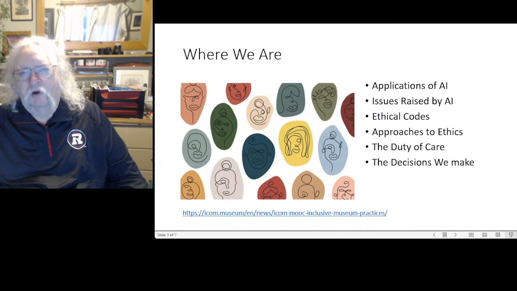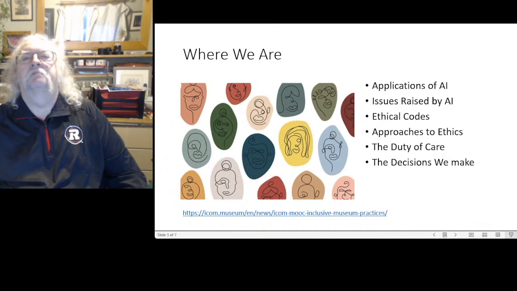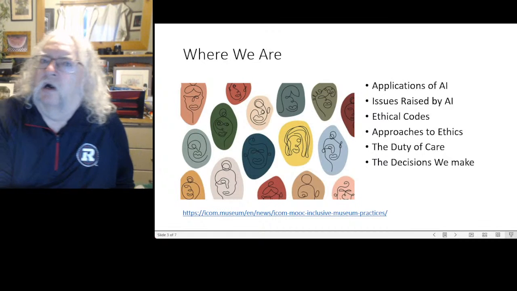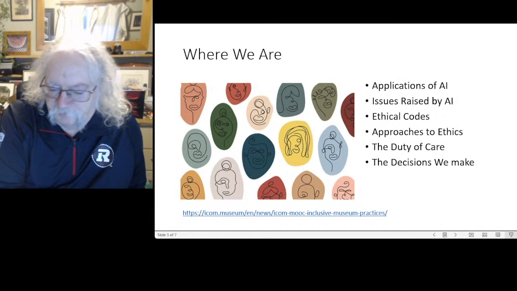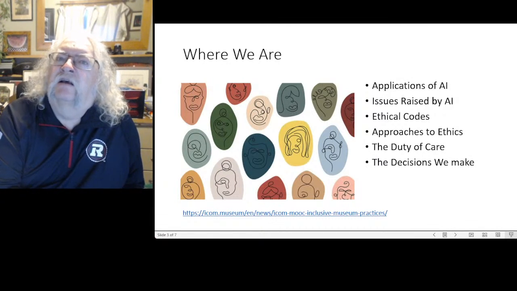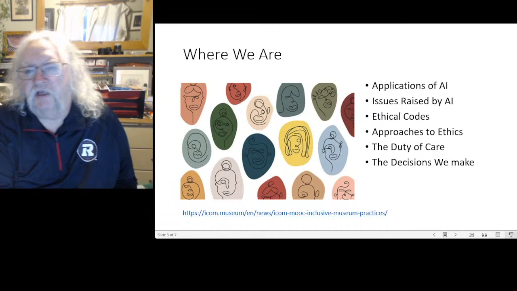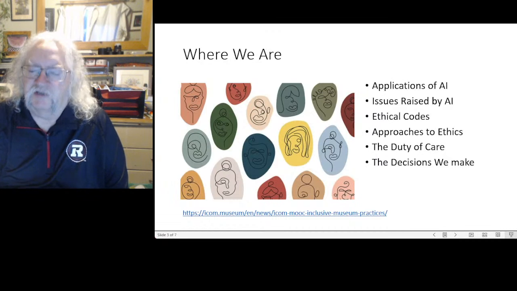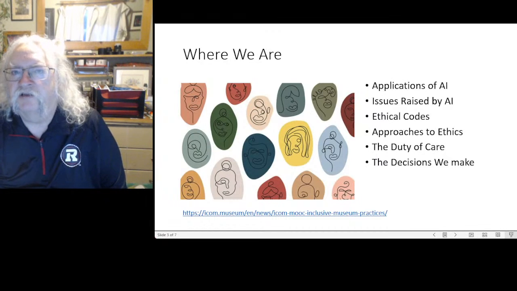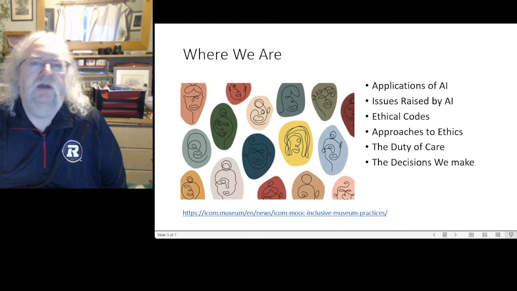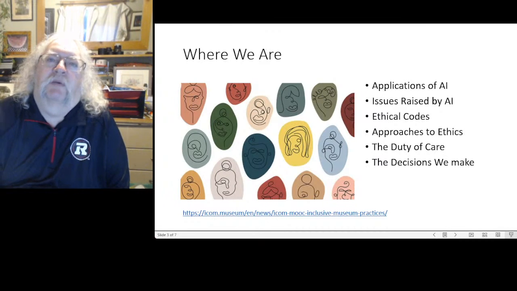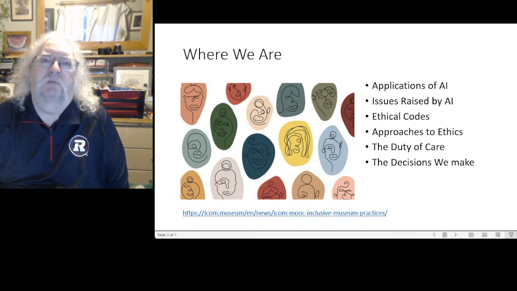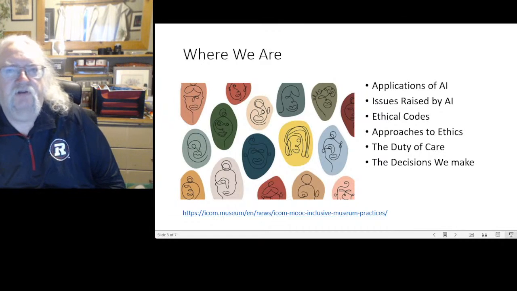Consequentialism, where we look at what the harms are that could be caused or that are caused or are intended to be caused. We looked at the ethics of duty and the idea that each person should be thought of as an end and not a means, that they have fundamental rights and that we're required to respect those rights. And then we looked at ethics from the perspective of social contract theory.